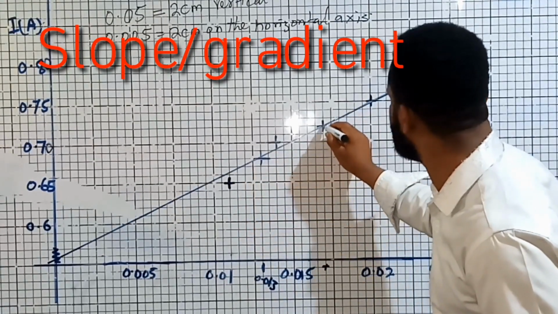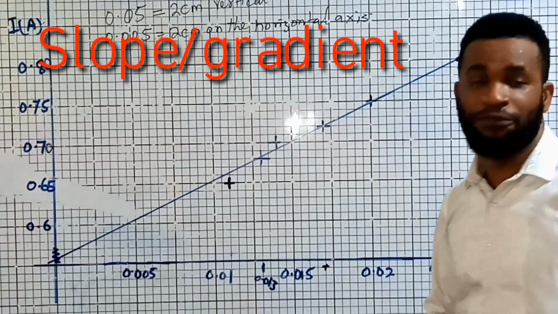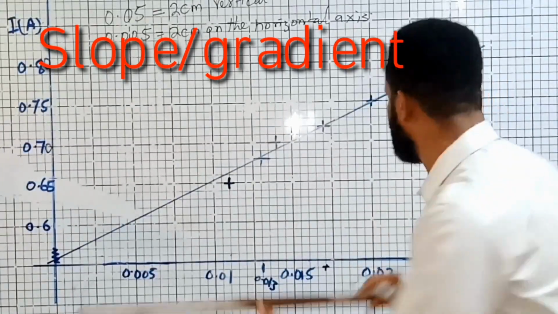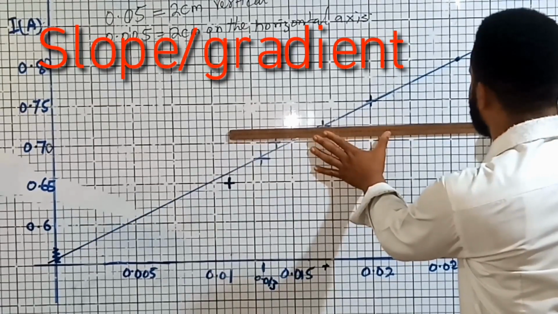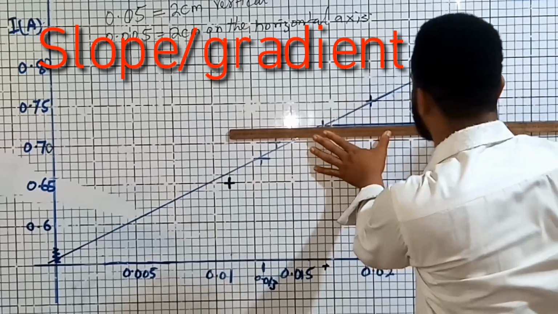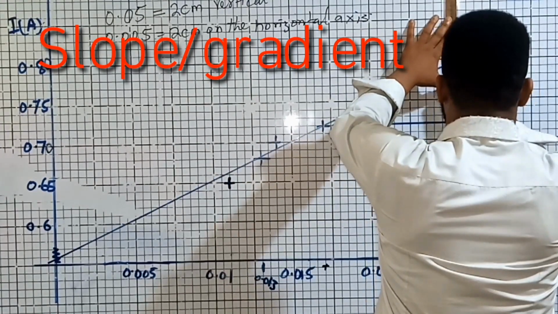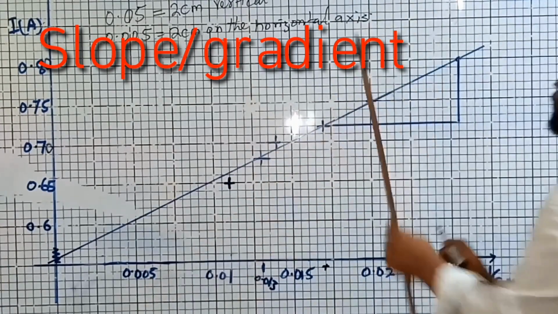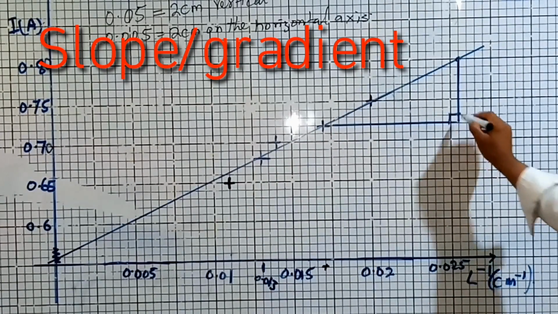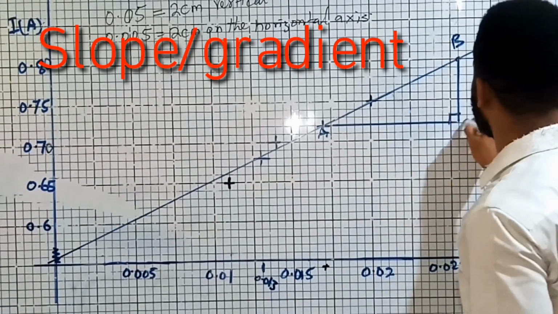This one also entered. So I'm going to use those 2 points and join and form a triangle. So I'm going to join this line. So I have formed my right angle triangle, points A, B, and C.